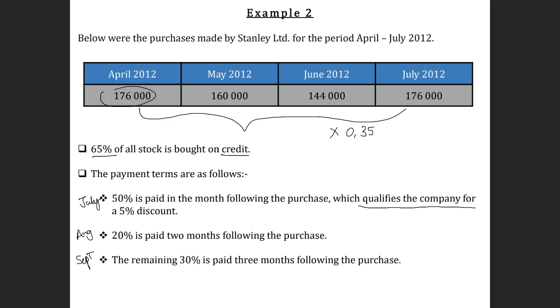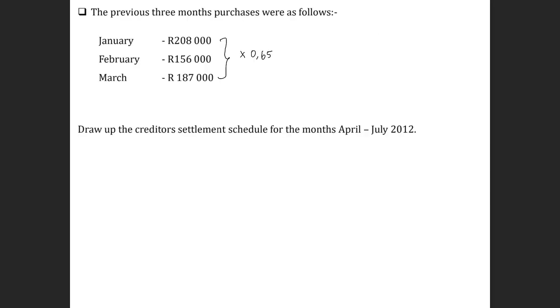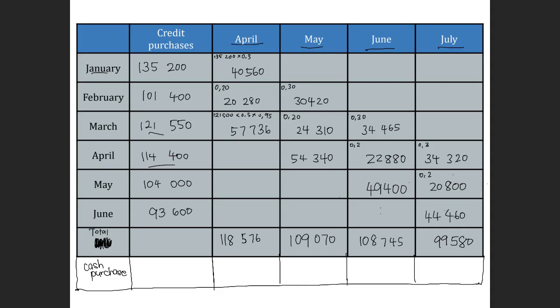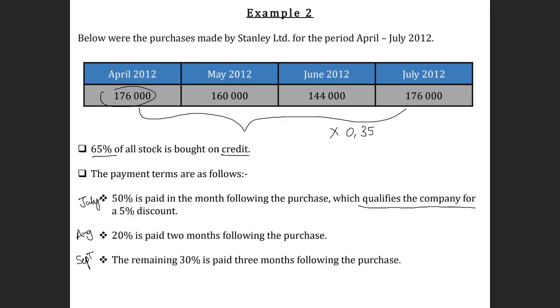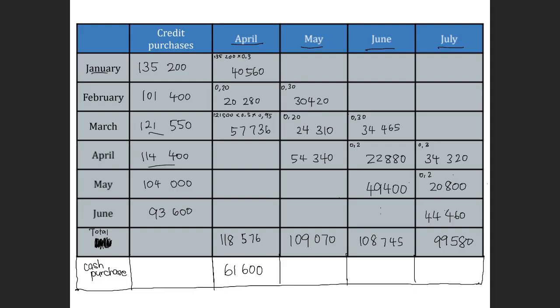So for the month of April, it was 176,000 Rand. So you'll calculate the 176,000 times 35%, and that would have been 61,600. Then for the month of May, it would have been the 35% times 160,000, and that would have been 56,000.